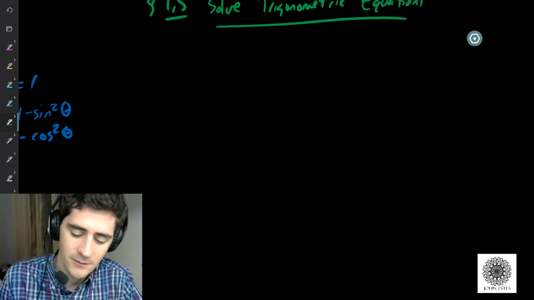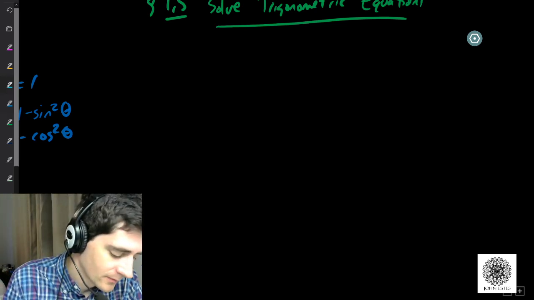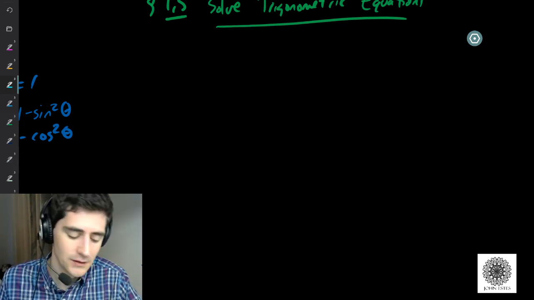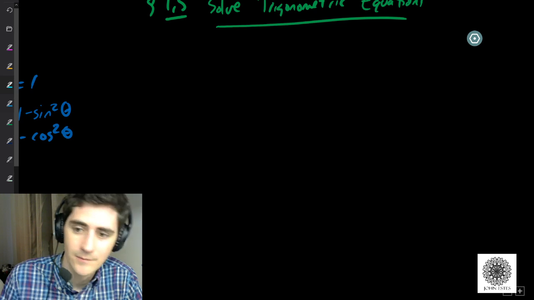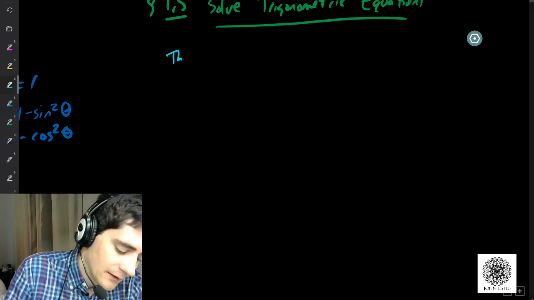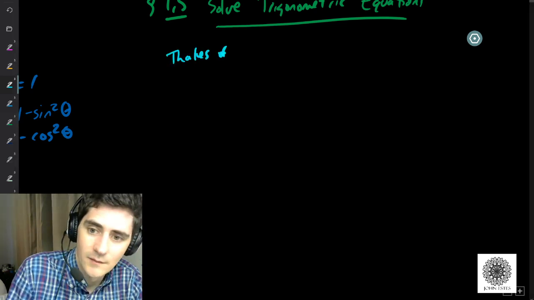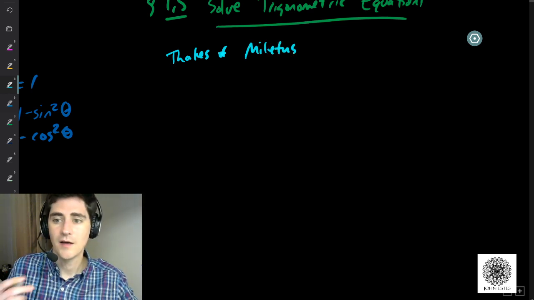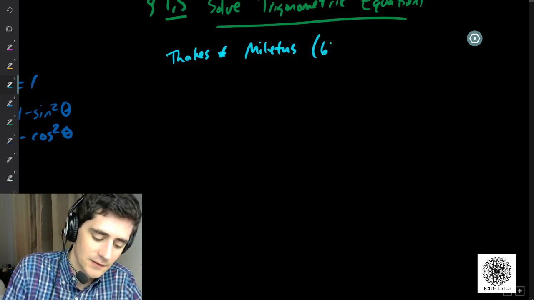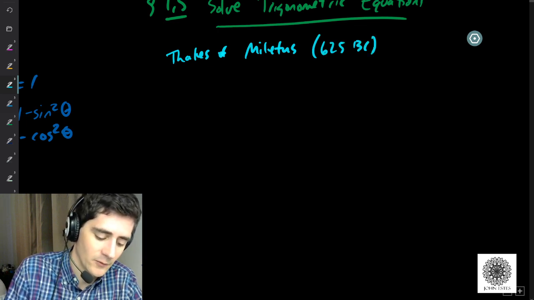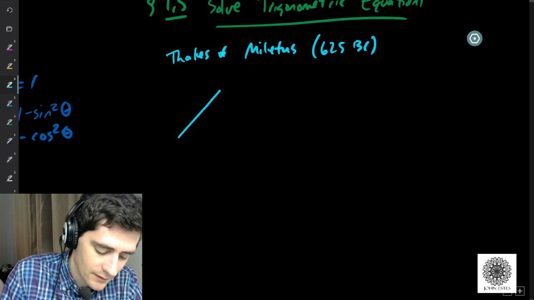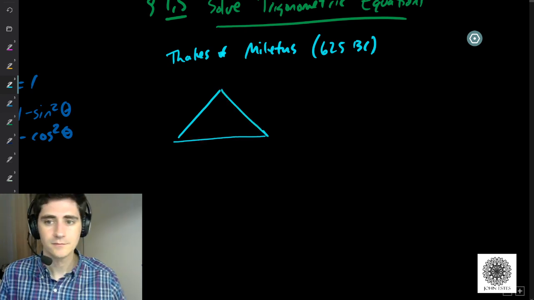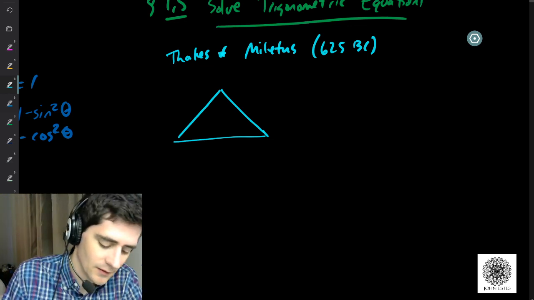Let me start with the first example. Actually, let me go over a little intro in the book that I think is really neat. This is a guy named Thales of Miletus, and he was an Egyptian mathematician, around 625 BC. He figured out the height of the Great Pyramids of Egypt by doing this.